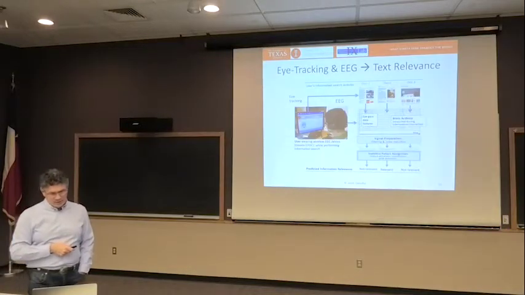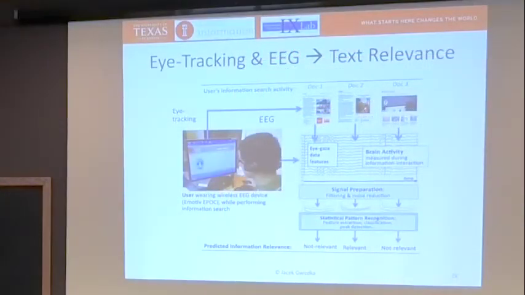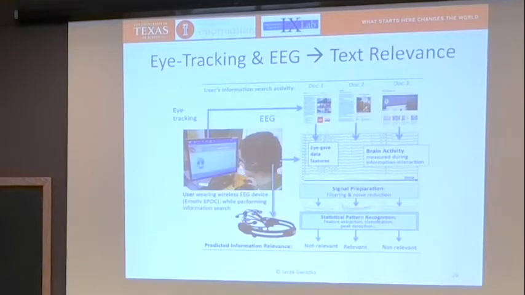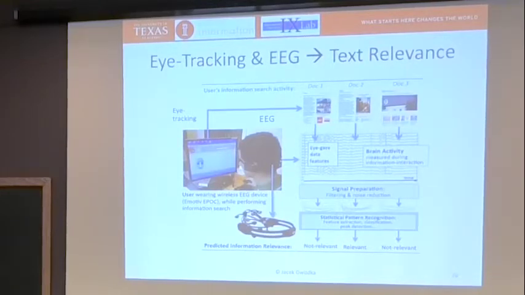So the overall approach here is to have people first in front of an eye tracker, which is underneath here, and wearing, it's not very well visible, an EEG headset, a simple headset, and then we process this information and use it to additionally infer which of the documents that people are viewing is relevant, or at least more relevant, to their task.